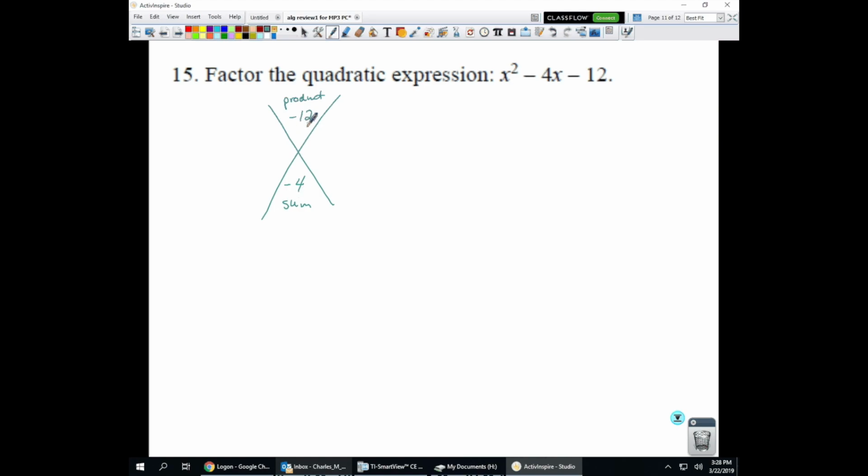I'm looking then for two factors of negative 12 that have a sum of negative 4. Well, factors of 12 are 1 times 12, 2 times 6, and 3 times 4. I don't have that many choices.